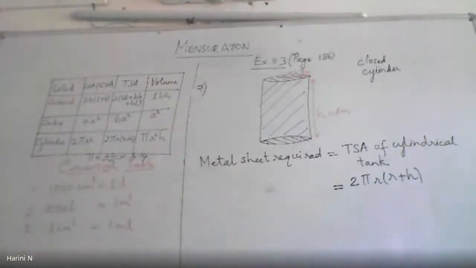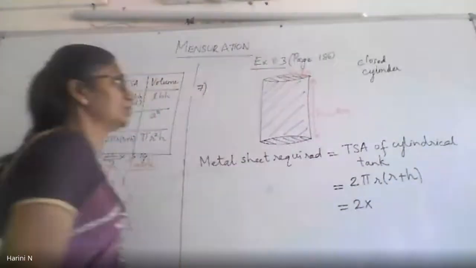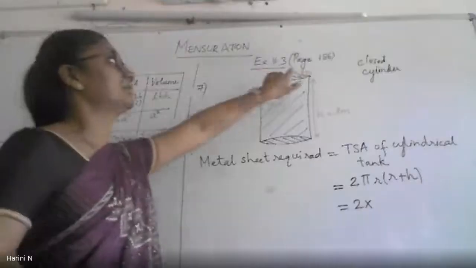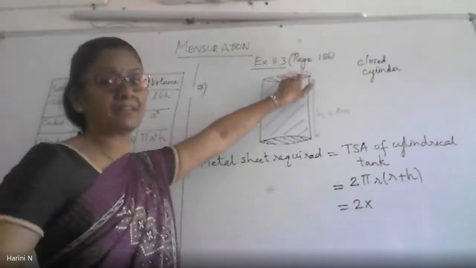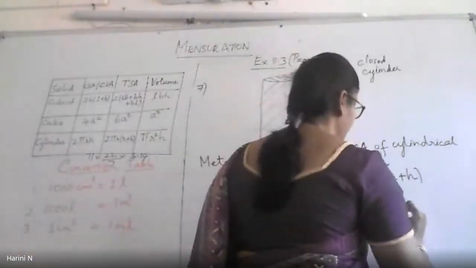So come on, substitute it. Let me see. What will you substitute? 2 into pi. Pi value, will you take it as 22 by 7 or 3.14? Ma'am, 22 by 7, because you are seeing r is already 7, so that may get cancelled. That is the reason I'm going to take pi as 22 by 7.